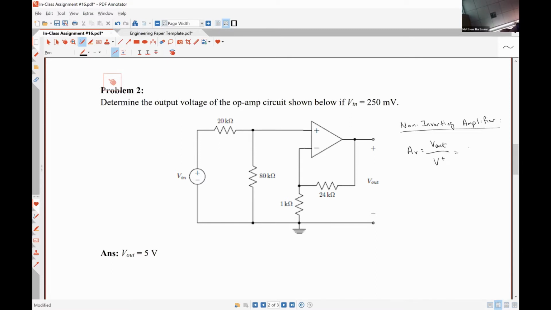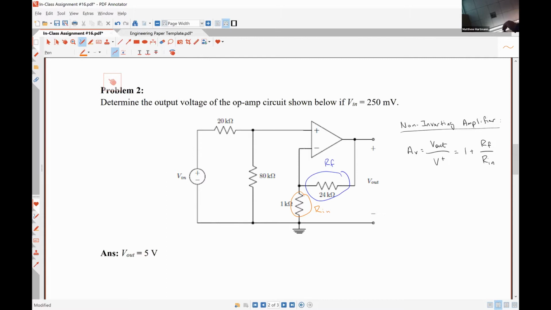That is equal to 1 plus RF divided by RN. To be very clear, I'll identify our feedback resistor, RF, and our input resistor, RN, so we can easily determine what those two values are.